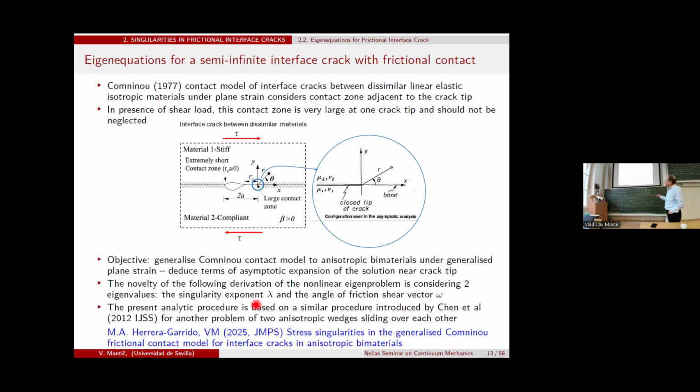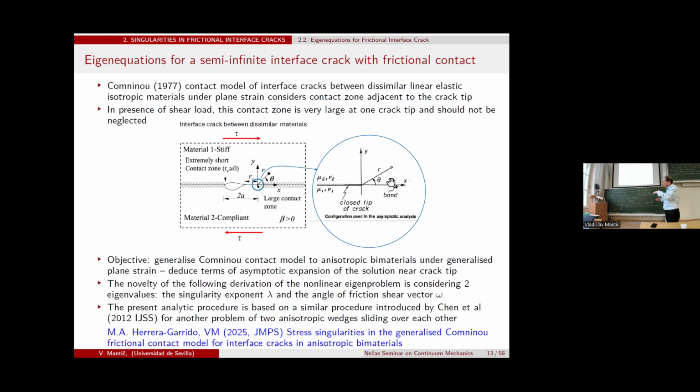So we intend to generalize this Comninou model to anisotropic material under generalized plane strain. The novelty is that we will consider as unknowns not only the singularity exponent lambda, but also the angle omega of the friction shear vector, which is the direction of the shear vector, not known a priori. We adopted the procedure proposed by Chen in 2012.